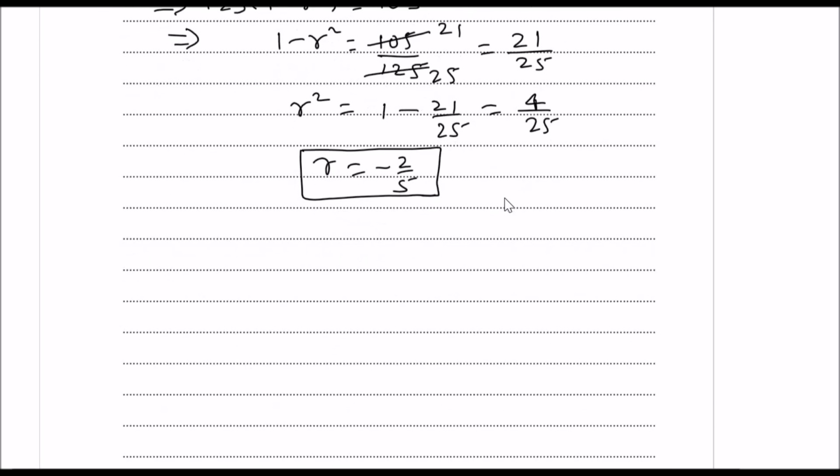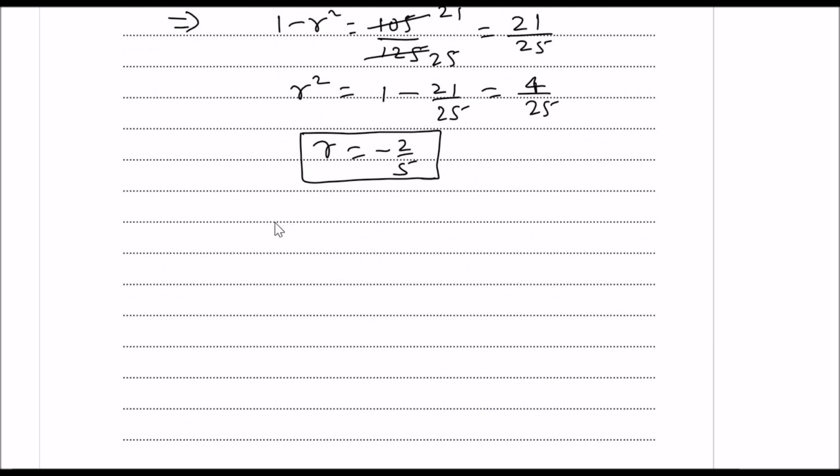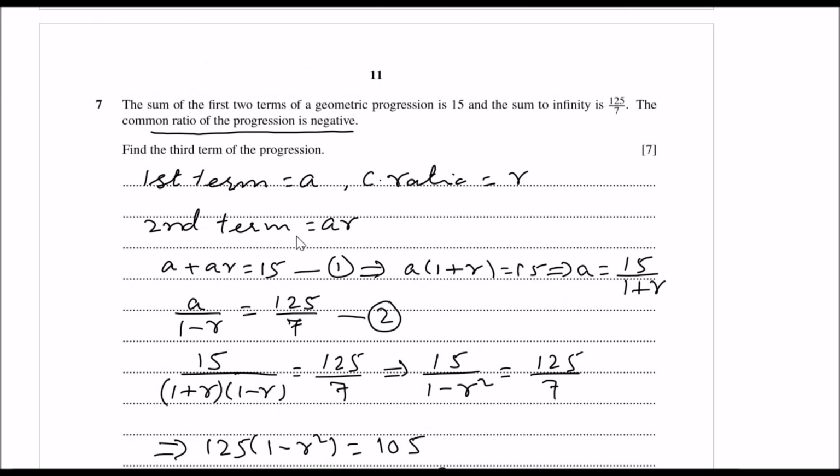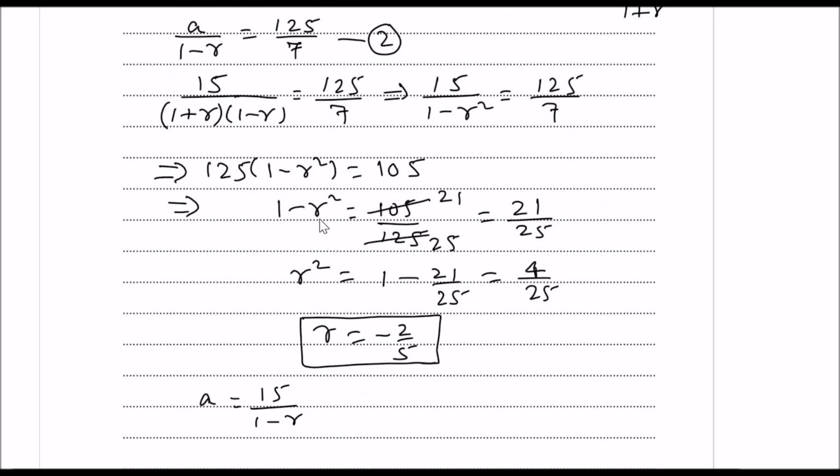So A equal to 15 divided by 1 plus R. Now substitute the value of R, so we get 15 divided by 1 minus 2 by 5.